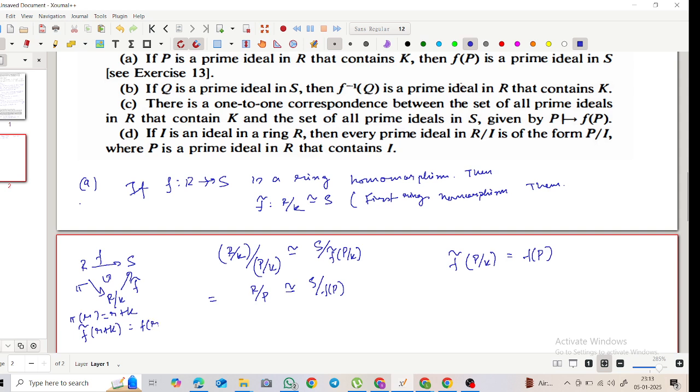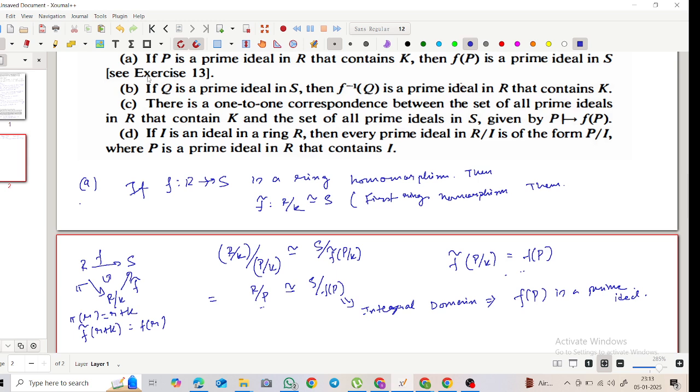That is f(r). So you get this. Since R mod P is an integral domain, because P is a prime ideal, this is also an integral domain. So f(P) is prime. Okay.